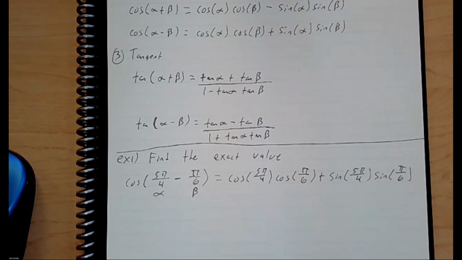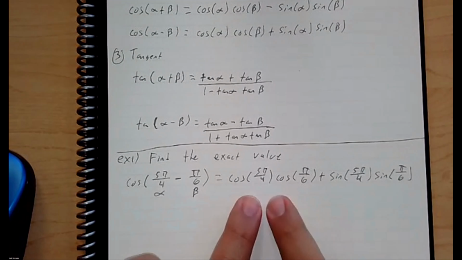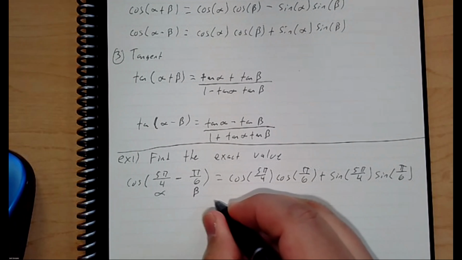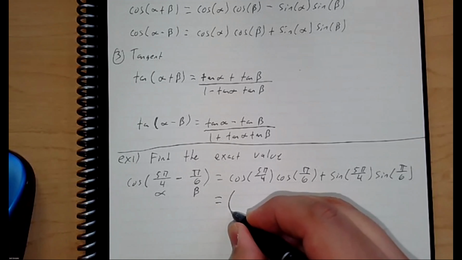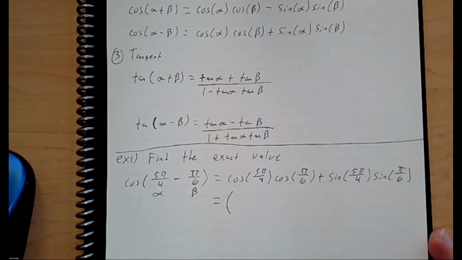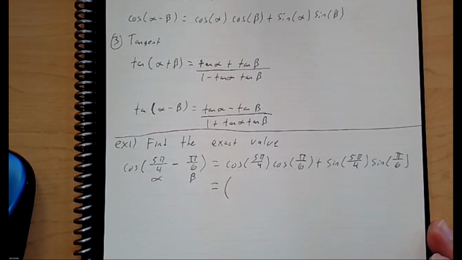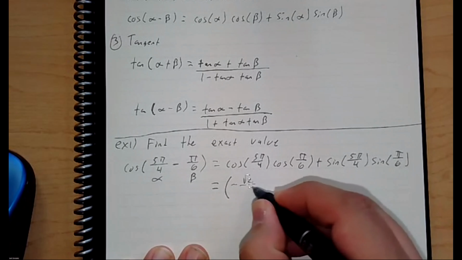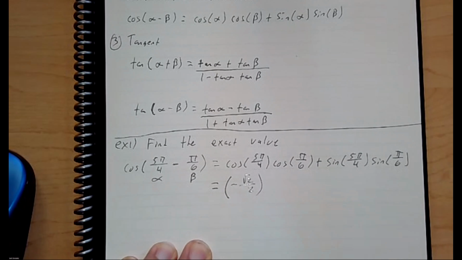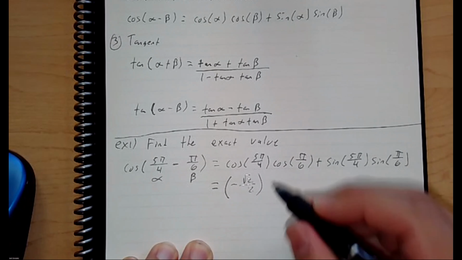So on your unit circle, what is cosine of 5 pi fourths? The x value. Negative square root 2 over 2. Now cosine of pi over 6.